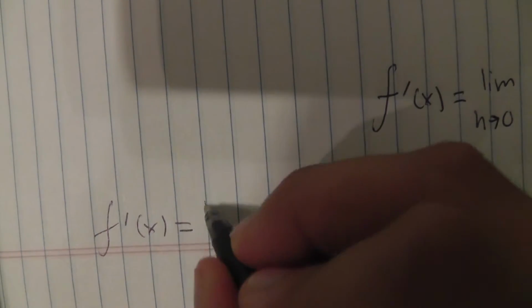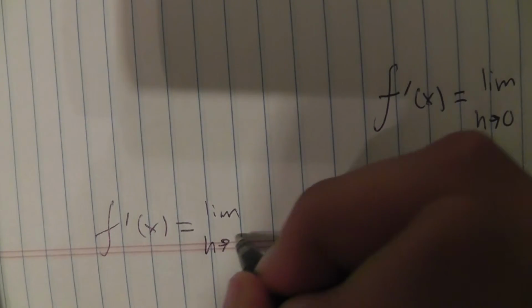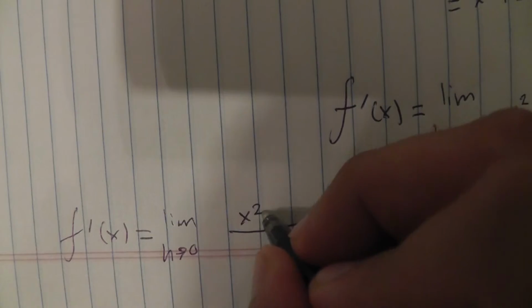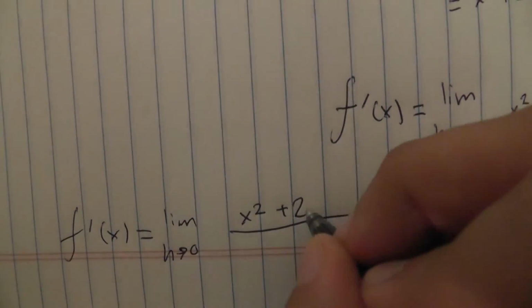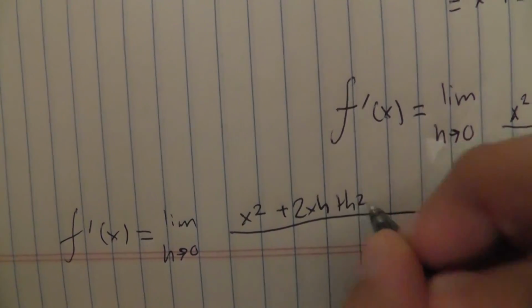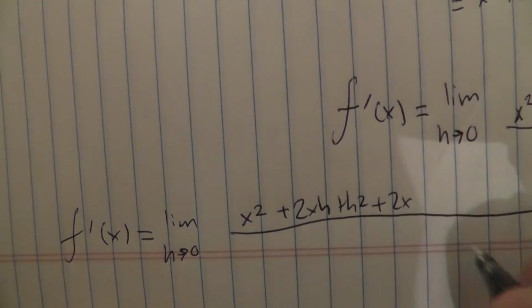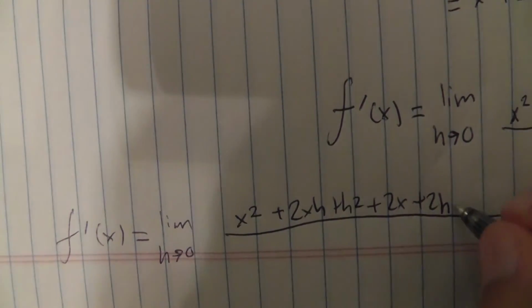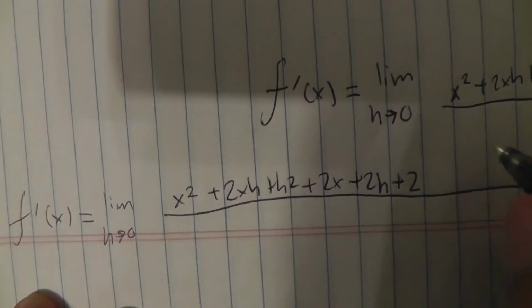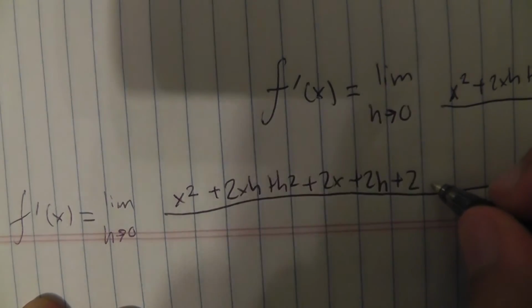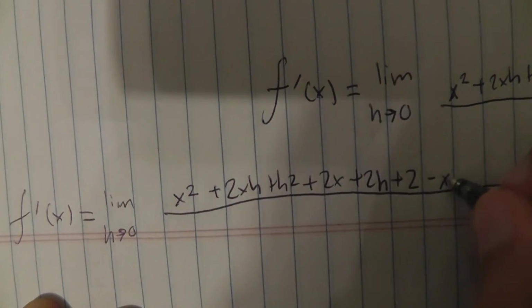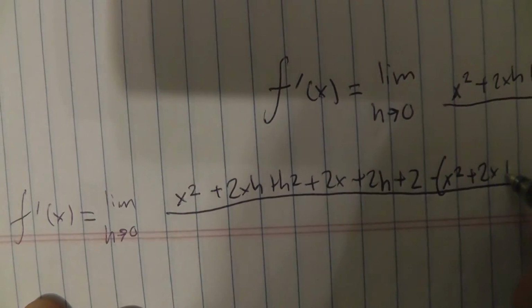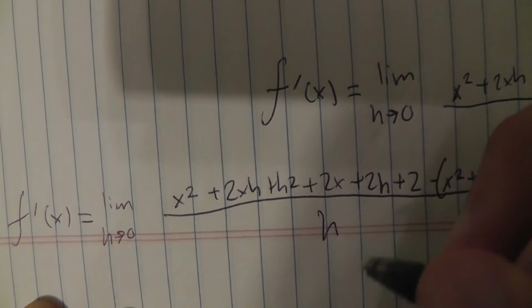It's equal to the limit as h approaches 0. My lines aren't so straight, but that's alright. x squared plus 2xh plus h squared plus 2x. Sometimes, you know, when mathematicians, we get all whispery because we like what we do. And minus f of x, which is x squared plus 2x plus 2, all over h.